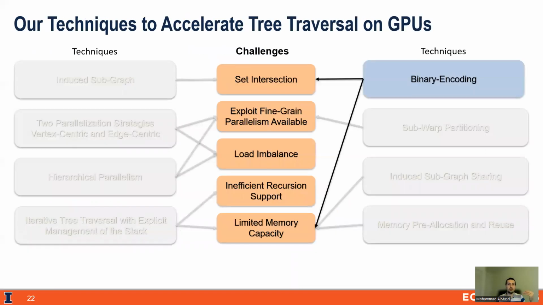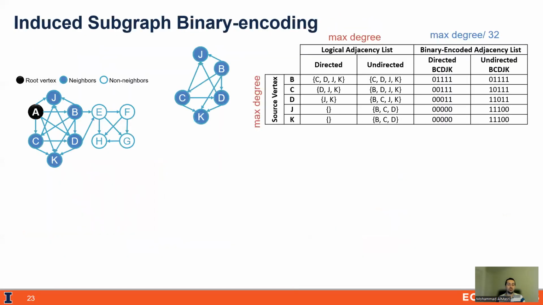The last technique we want to talk about here is the binary encoding of the induced subgraph, and this is really critical for the GPU because GPUs have less memory capacity, and there are some aspects of the GPU that we need to take care of when we do the set intersection.